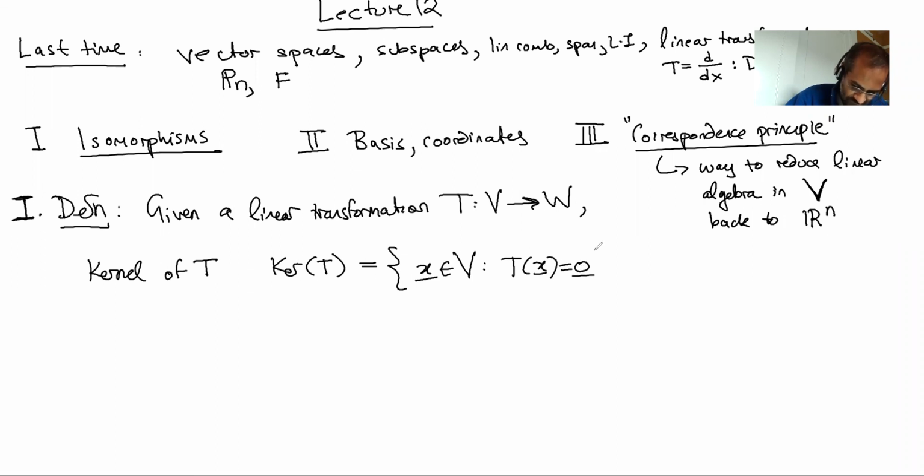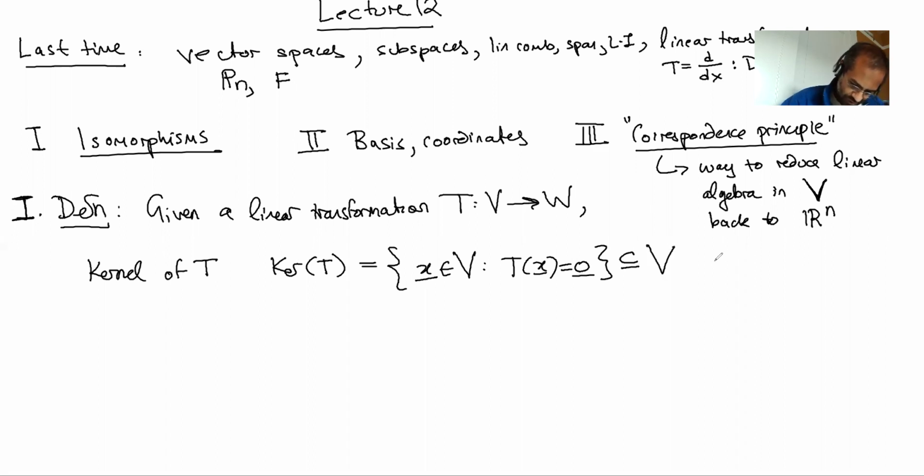This might look familiar because it's very much like the null space of a matrix, except now it's a linear transformation. So this is a subset of which vector space? Is it V or W? Okay, V, yeah. These vectors are in V.